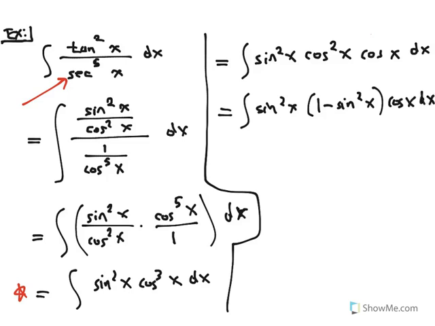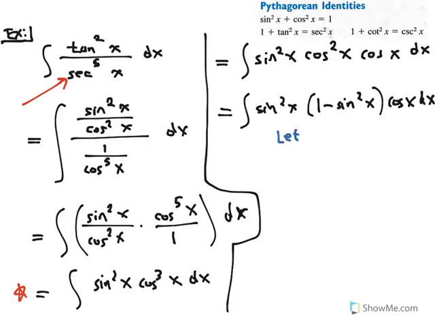And now we can use U-substitution, where we let u be equal to sine x. So we will let u be equal to sine x, not sine squared, just sine. Then the differential of u will be cosine x dx, and this allows us to change variables.